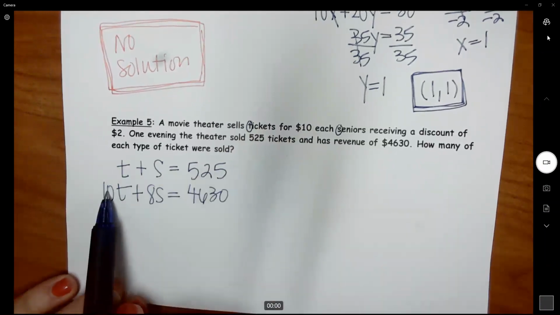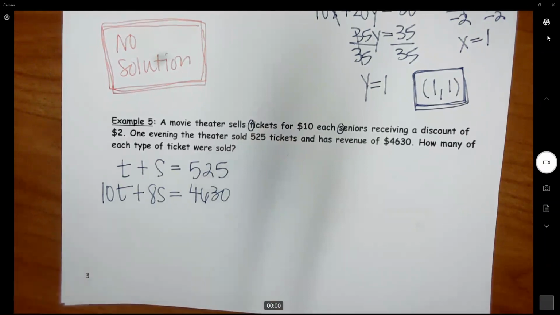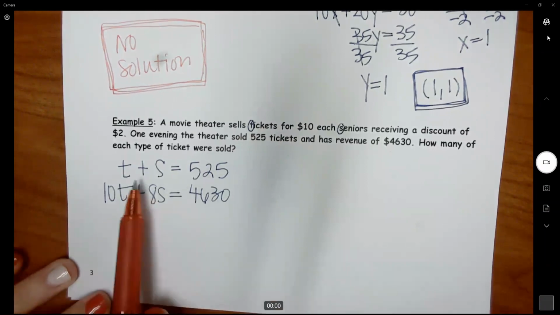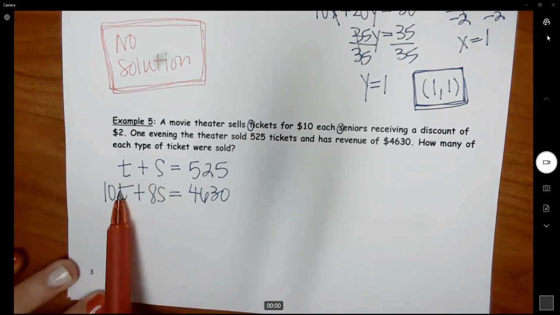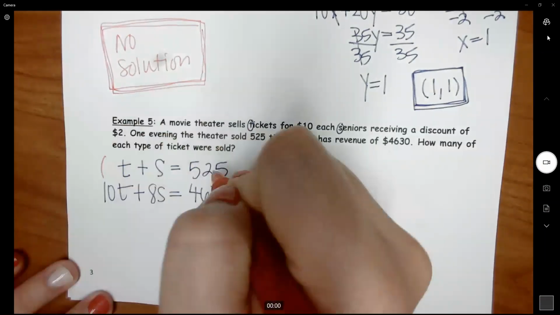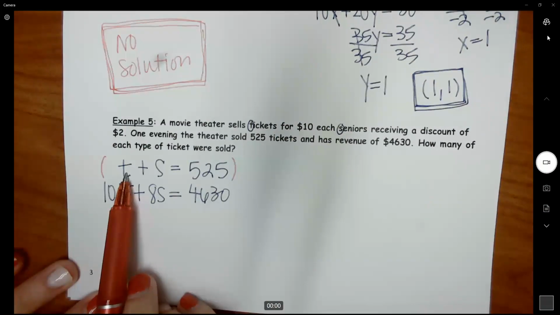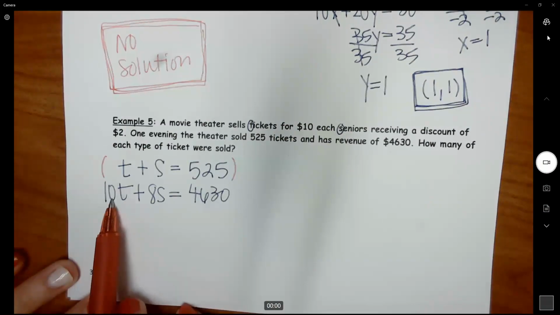The amount, the money. So let's try to eliminate something, and it doesn't matter what. Both of these are positive, so let's just pick T. What would I have to multiply this T by to get it to eliminate with a 10T?